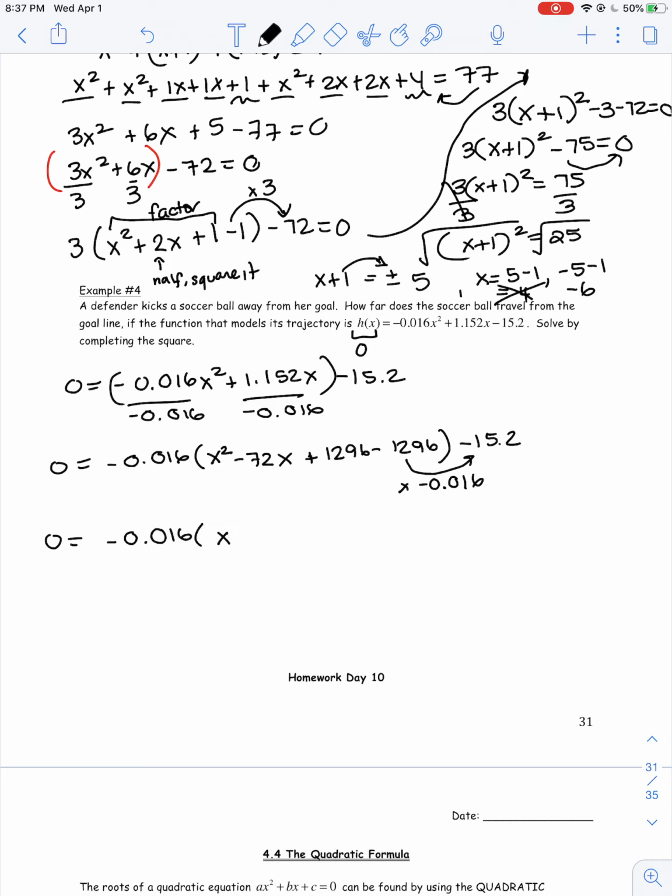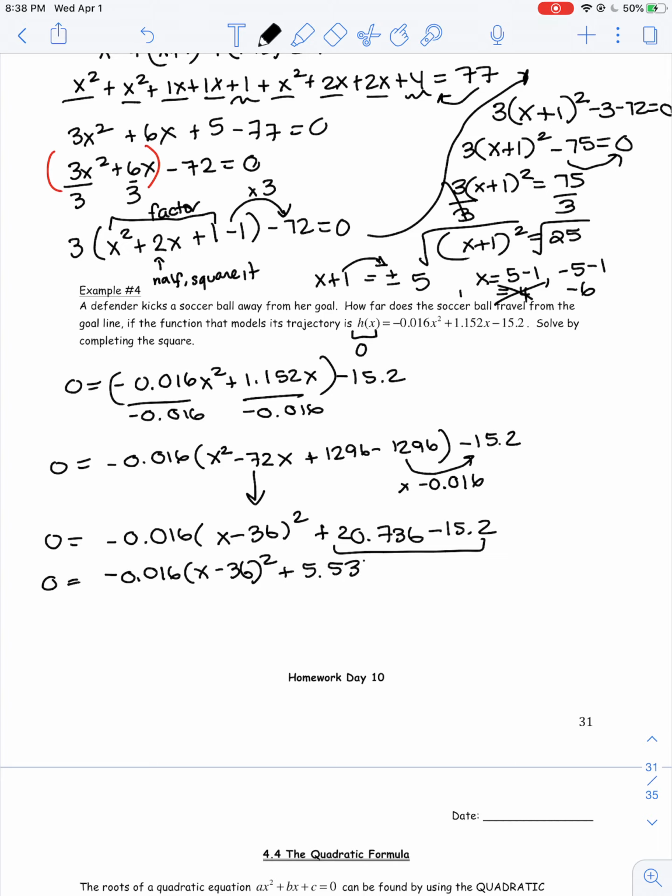And then so we have x minus 36, because it's always half this number, squared. And then when we bring that negative 1296 and multiply it with negative 0.016, we get positive 20.736. And then minus 15.2. And then put those values together to get positive 5.536.